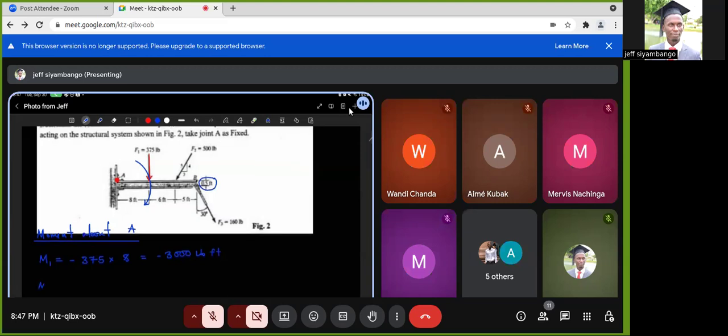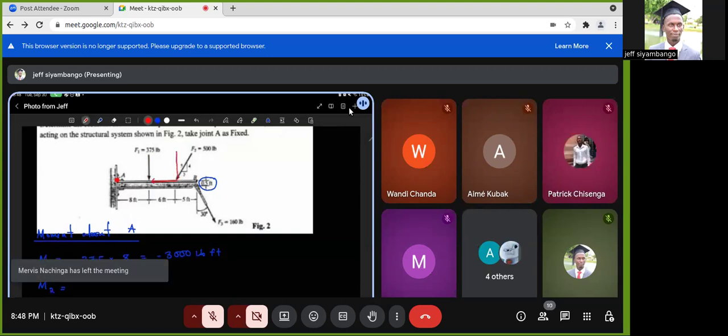Next, let's get the moment due to F2. Now F2 is acting at an angle. You have to see that it will have two components. One component of F2 will be acting sideways and it will be horizontal like that, while the other component will be acting vertically downward.